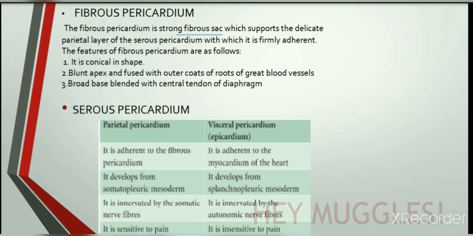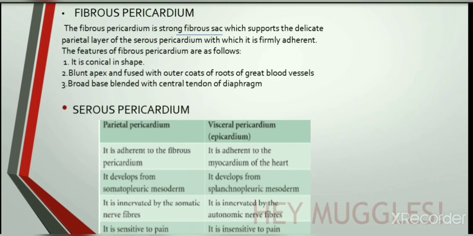And on the inner aspect of your fibrous pericardium lies the parietal layer of the serous pericardium. The parietal layer is a little bit adherent to the fibrous pericardium, and that's why your fibrous pericardium is supporting it.